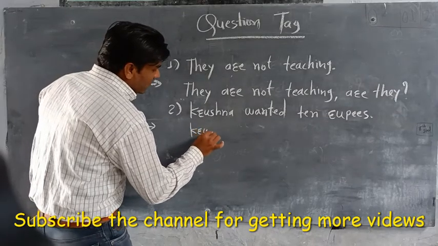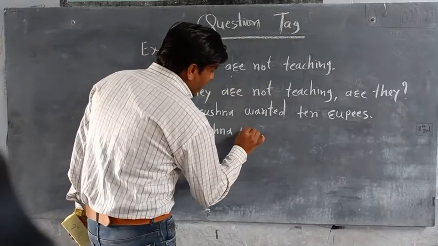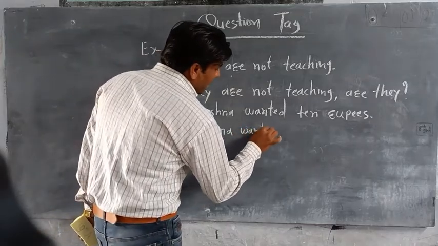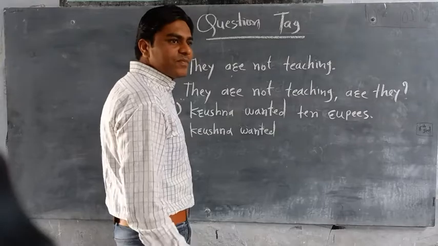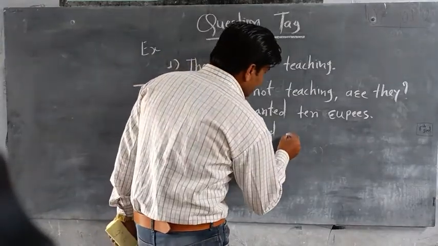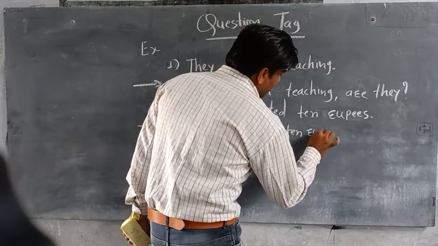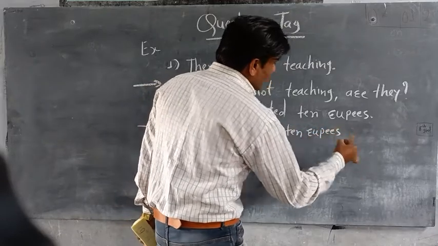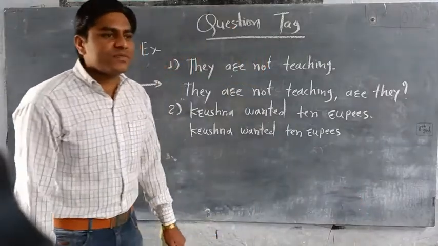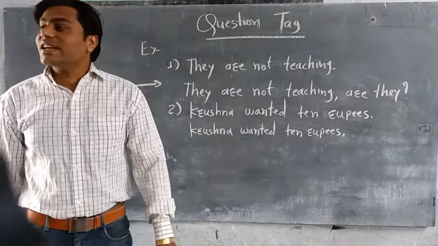Krishna wanted 10 rupees, and this sentence is in which tense? Past tense. Krishna wanted 10 rupees, comma, didn't he?